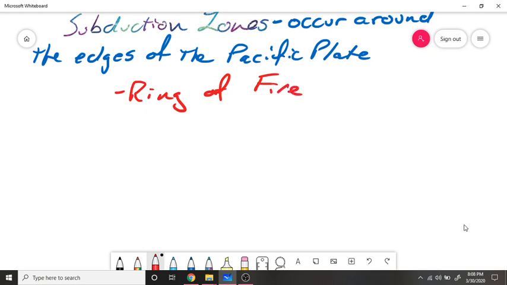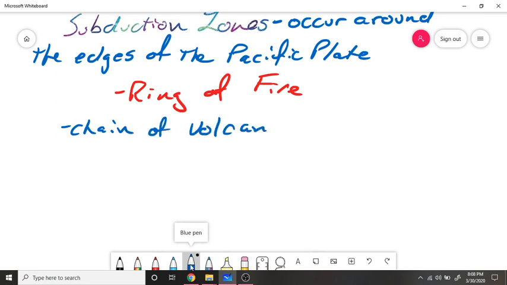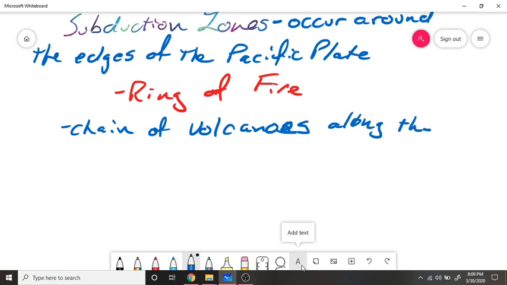The Ring of Fire is a chain of volcanoes along the Pacific coastlines.